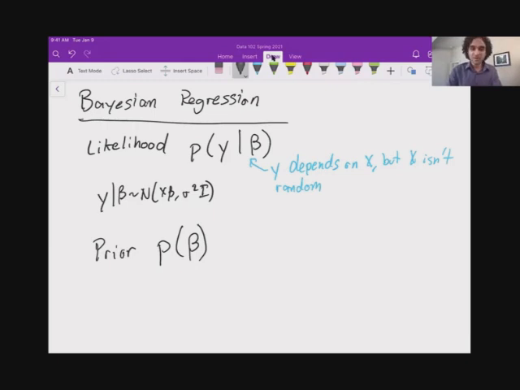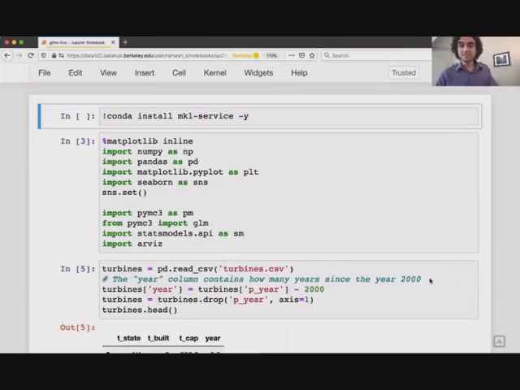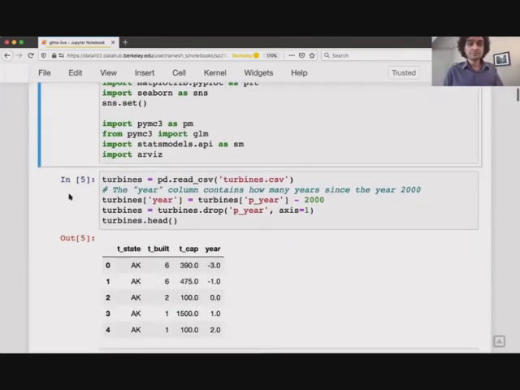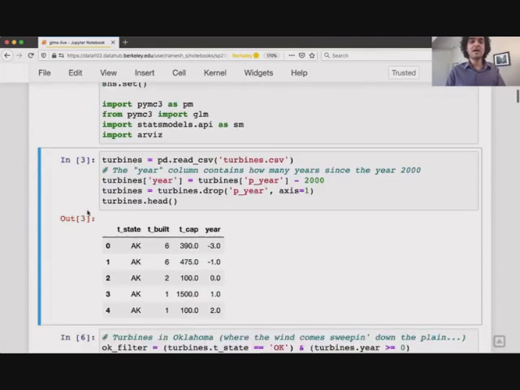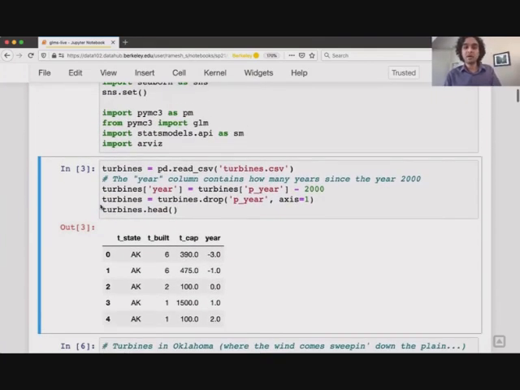So let's make things a little more concrete and do some examples using PyMC3. I have this notebook here, and I have this data set of wind turbines. In this data set, I have one row for every state and every year.